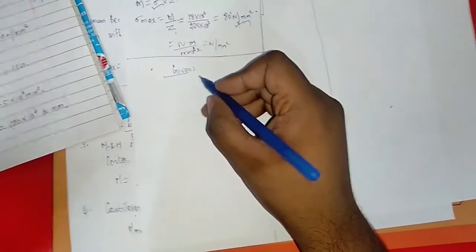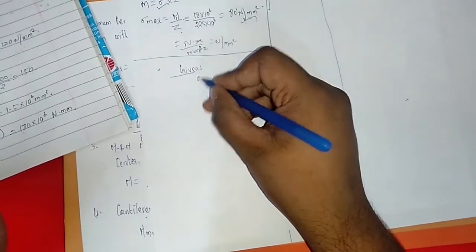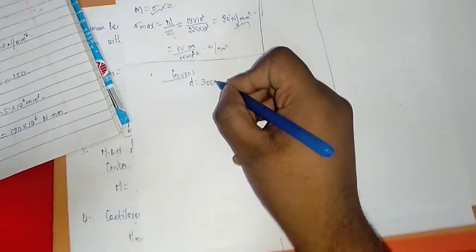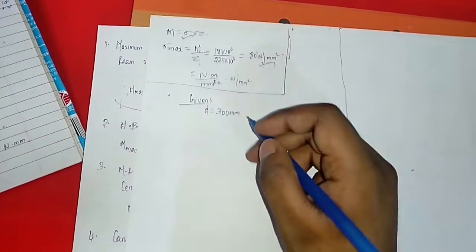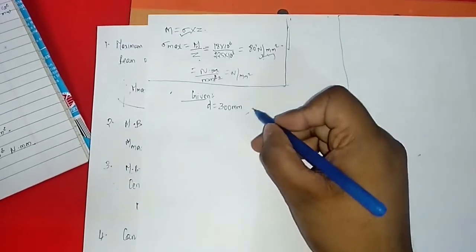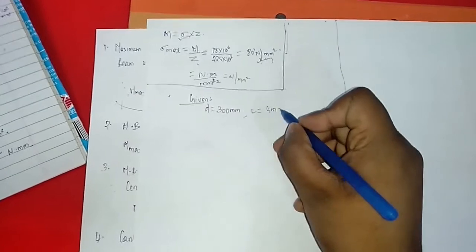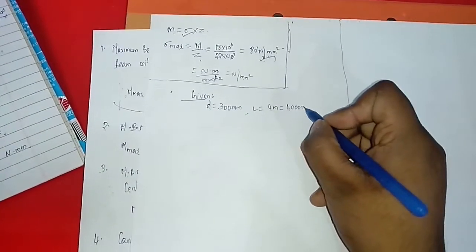Given: the rectangular beam depth D is equal to 300 mm. Next, span L is equal to 4 meter, 4000 millimeter.